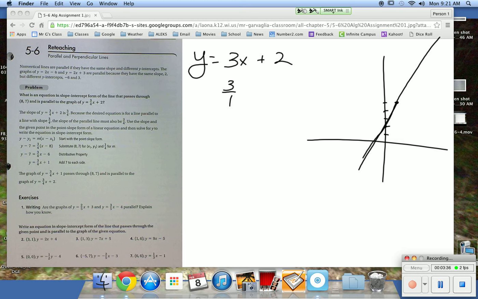Now, if I want to make another line that is parallel to that line, what do you think I'm going to work off of? Slope. If it has the same slope, it's parallel. So if I said y equals 3x minus 2, where would I cross my y-axis, Libby?